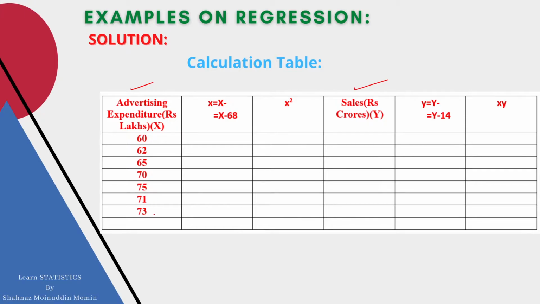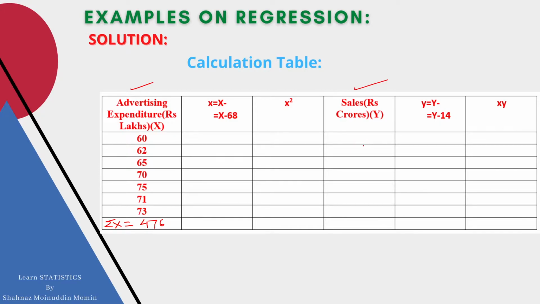First, we calculate the mean of X and mean of Y. To obtain mean of X, add the advertising expenditure. We get the total, summation X is equal to 476.